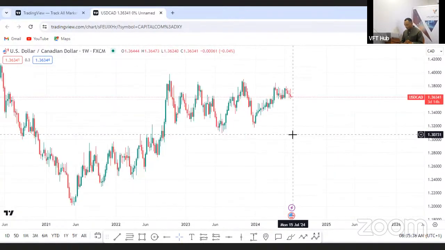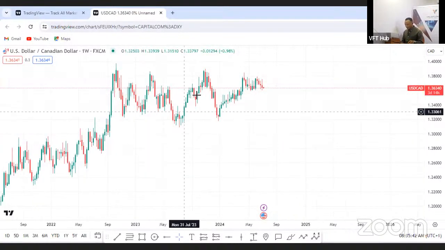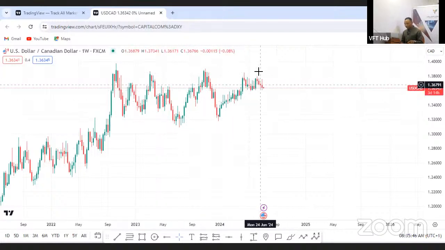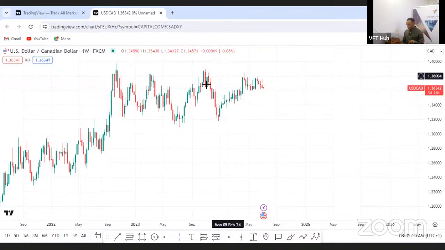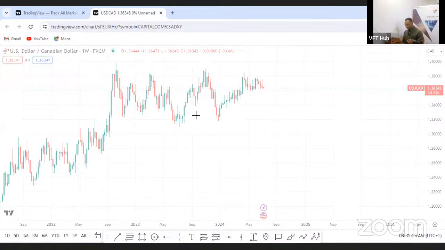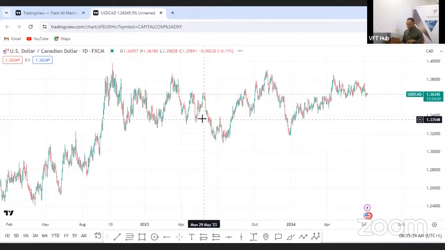Now, looking at USD CAD, based on what we're seeing this morning, it is still in this range on the weekly time frame, so we'll just be taking day trading positions inside of this weekly range. If you take a look at the daily time frame on USD CAD, you also see that it has its own range inside of the weekly range.